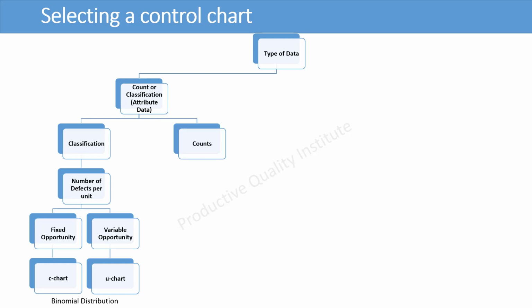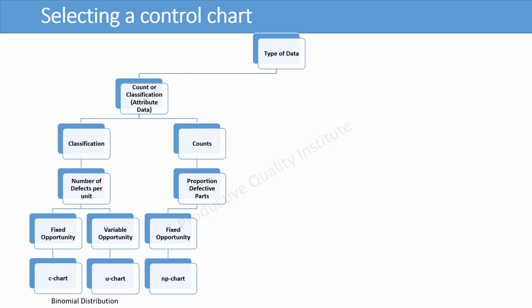For the second type of the attribute data count, which is proportion defective parts, we either use for the fixed opportunity, the NP chart, or we use for the variable opportunity, the P chart, both based on Poisson distribution.